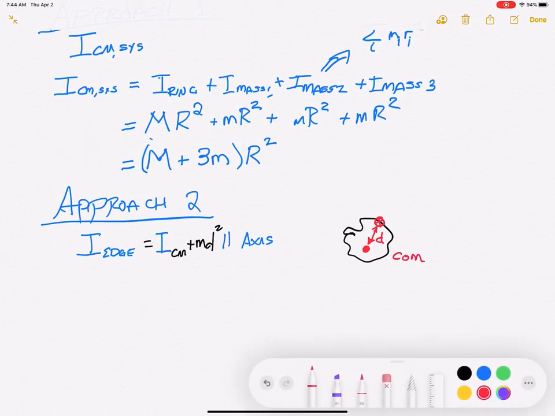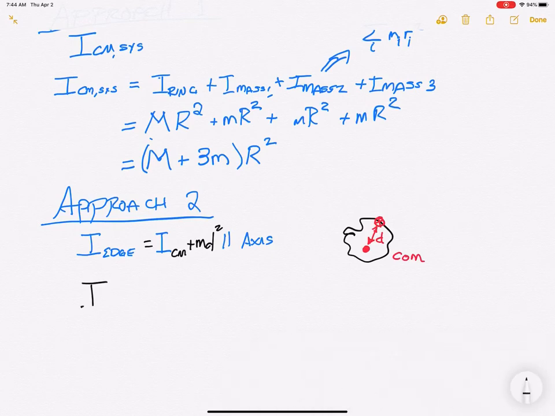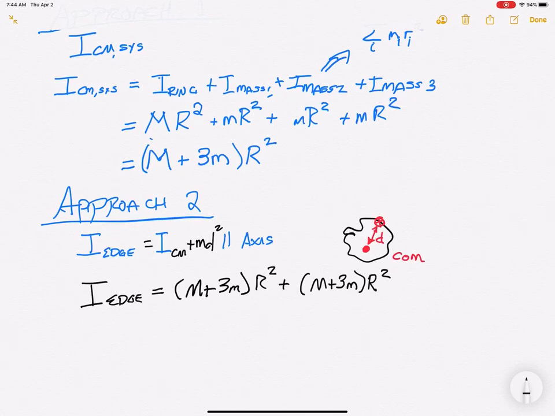So for us, we're going to see something very similar, where the I around the edge is just going to equal the I center of mass we solved for the system, M plus 3m, r squared, and then we add the fact that we're moving the entire mass, M plus 3m, to the edge of the ring, which is just another r squared.